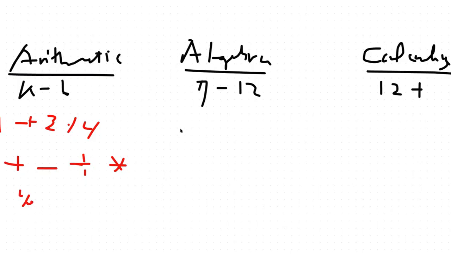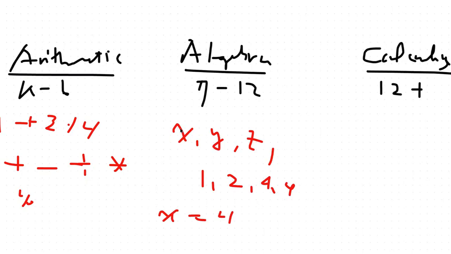Algebra involves x, y, z, maybe also 1, 2, 3, maybe also 4.4, whatever. So you may have x equals 4.4 plus y. Basically, you introduce the unknown variable, and arithmetic does not have the unknown variable.